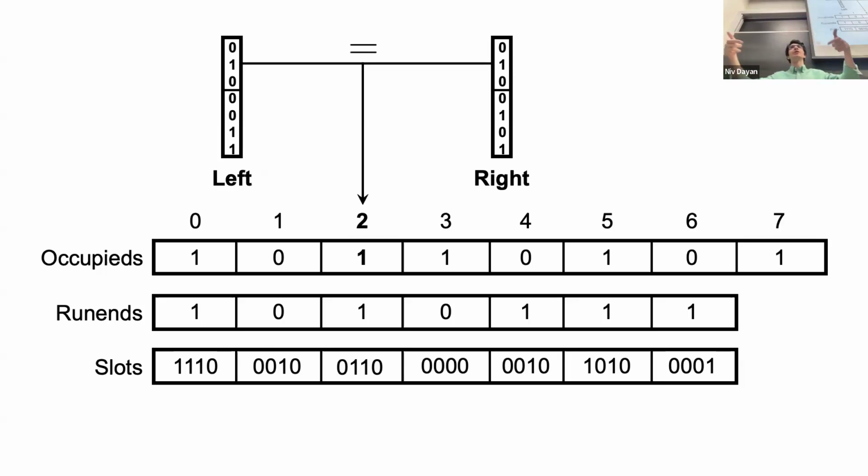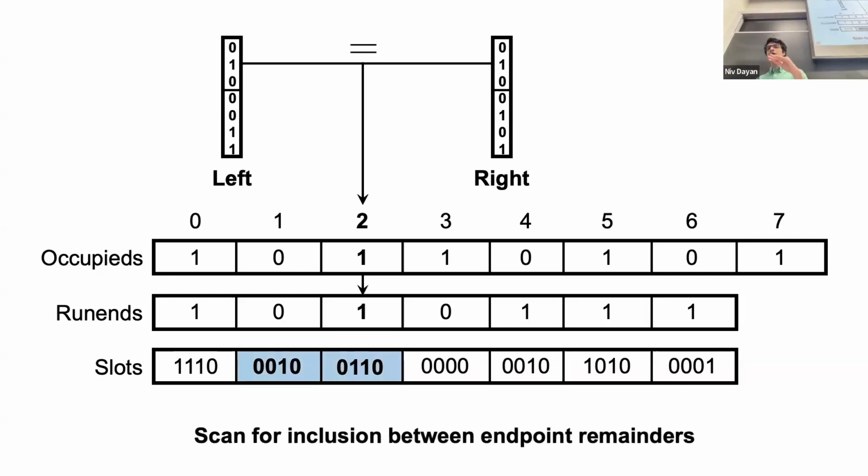So your query can terminate and return a negative. But here in this example, we see a 1 in the occupied bitmap. So we have to further go down and traverse the corresponding run to see if anything exists in between these guys. So we do rank and select, we go to the run end, and we have to scan the run from right to left for inclusion between the endpoints.